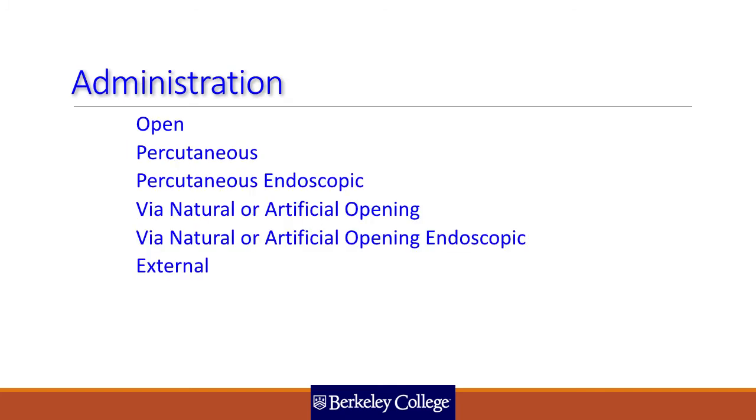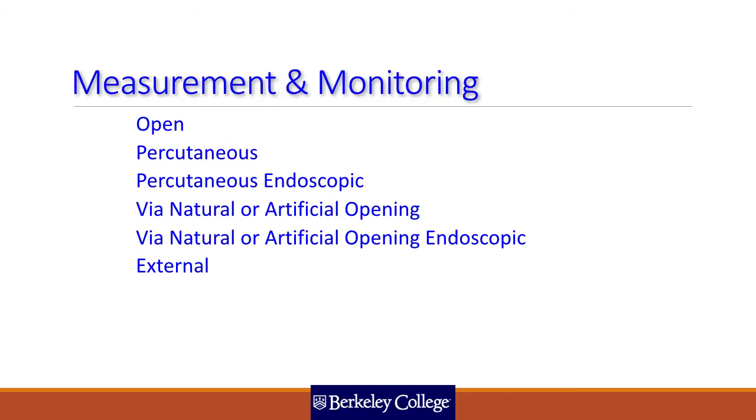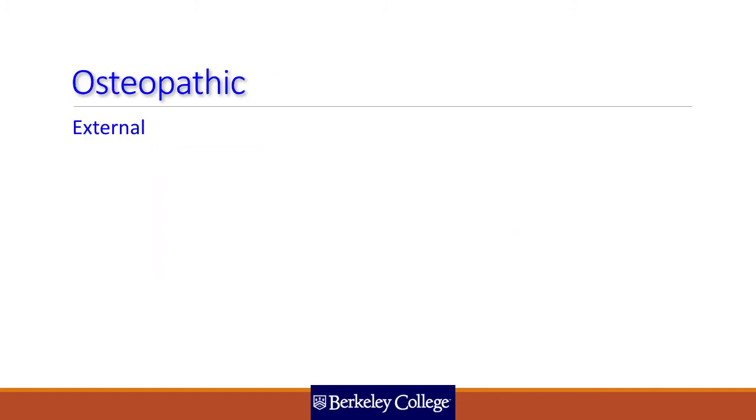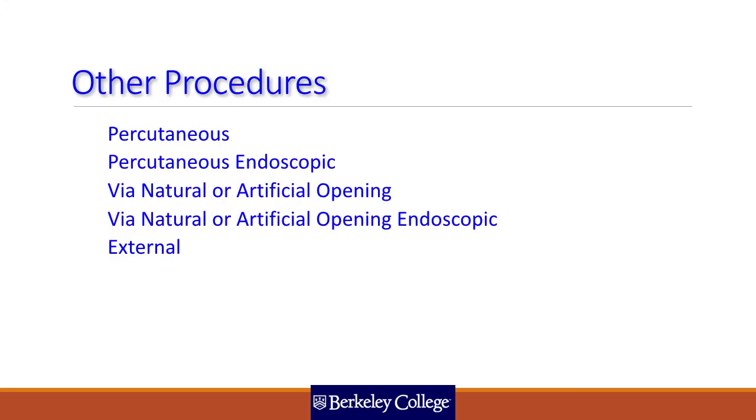Administration, again, we have 6 similar, just like medical surgical, that are available for you to use. Measurement and monitoring, again, the same 6. Osteopathic services only use external, no decision there.